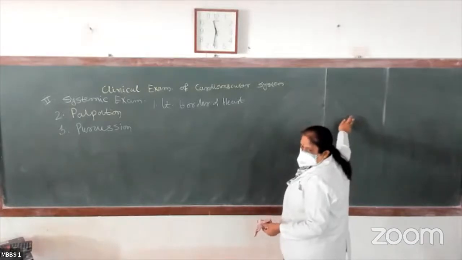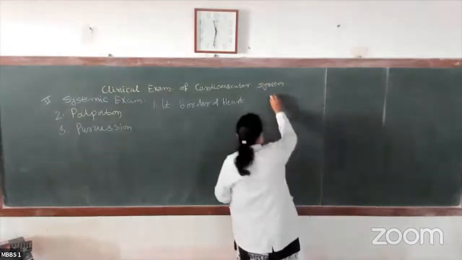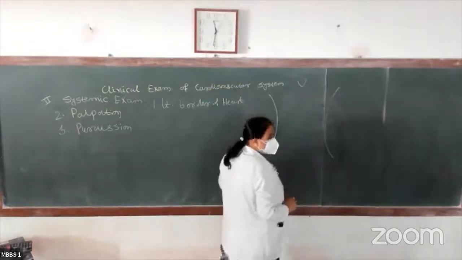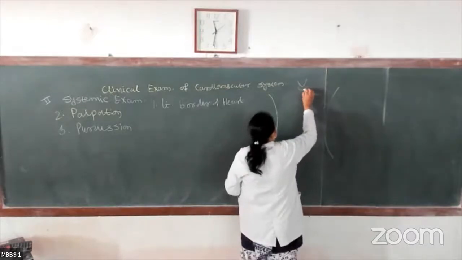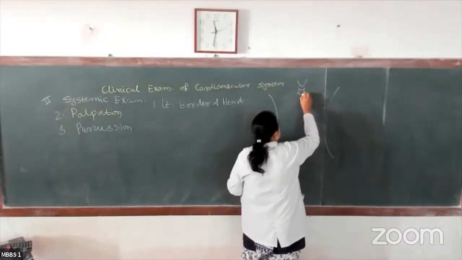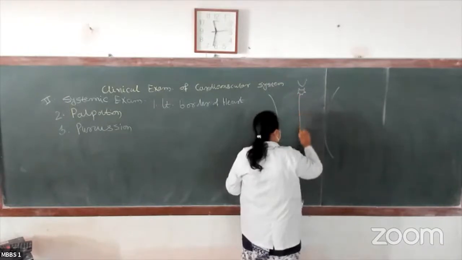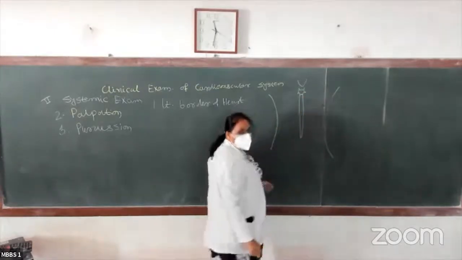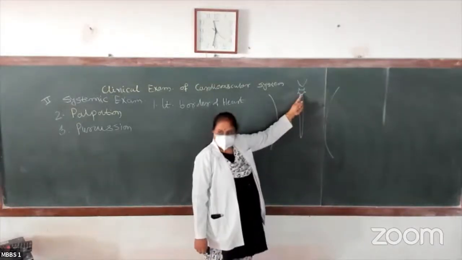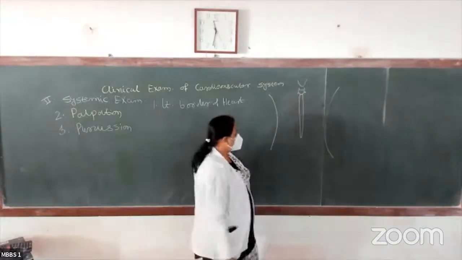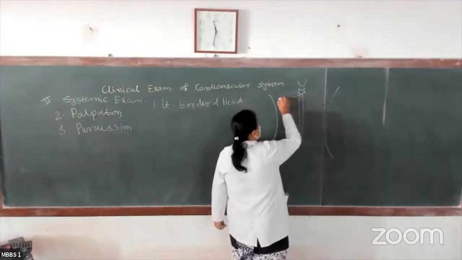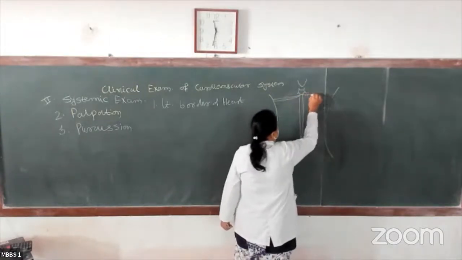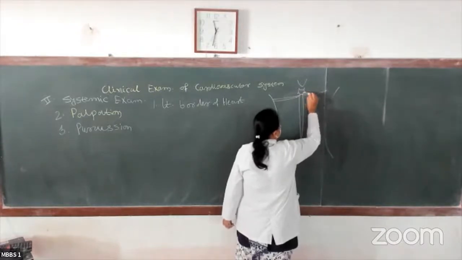Here you can see this is the suprasternal notch, then the manubrium. To the manubrium, the sternum is attached. This point is called the manubriosternal junction, or the angle of Louis. Through this junction, the second rib is attached.